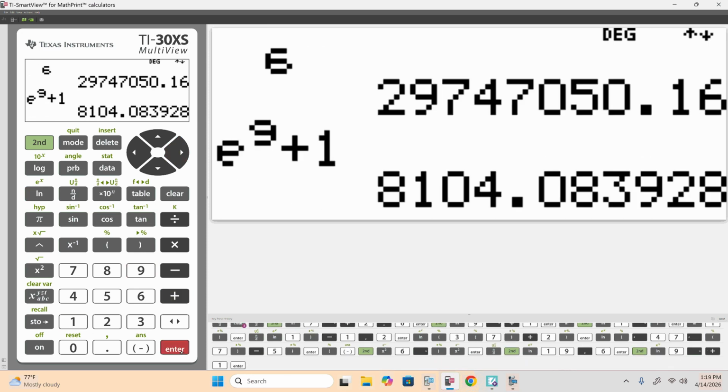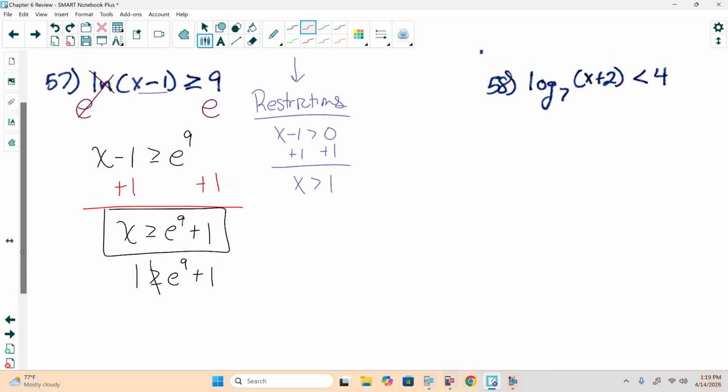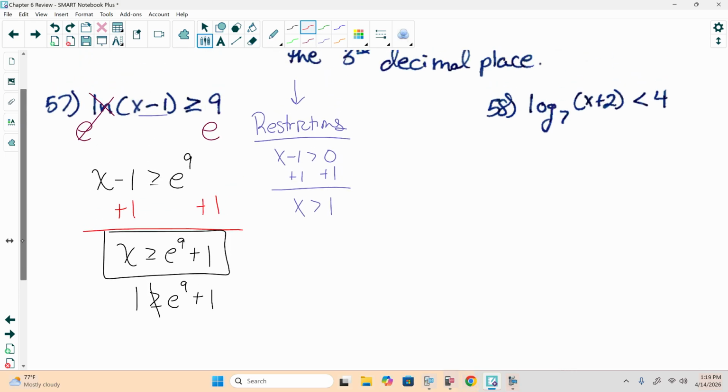E to the ninth plus 1 is over 8,000, so 1 is not bigger than it. So since the restricted values are not part of our solution, we don't have to add that statement in. And the only solution for this is that x is greater than or equal to e to the ninth plus 1. Questions on this here?